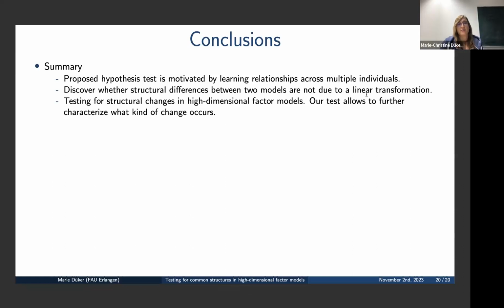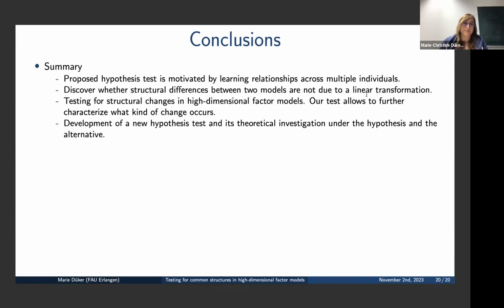So for testing for structural changes in high-dimensional factor models, our test allowed us to further characterize what kind of change occurs. And for that, we developed this new hypothesis test, and its theoretical investigation was basically to show that we have some convergence under the hypothesis, and also to investigate what happens under the alternative.